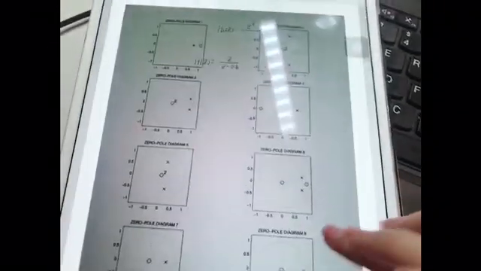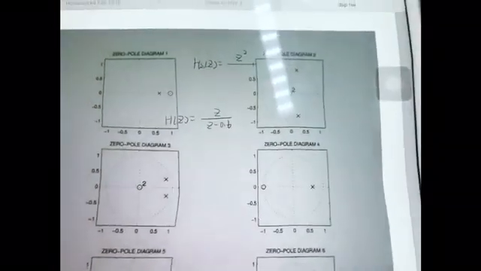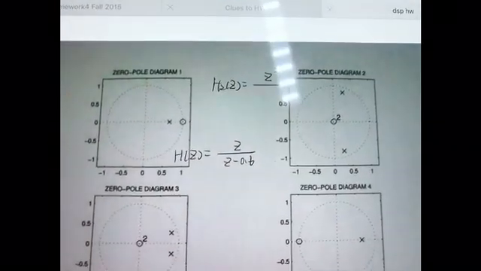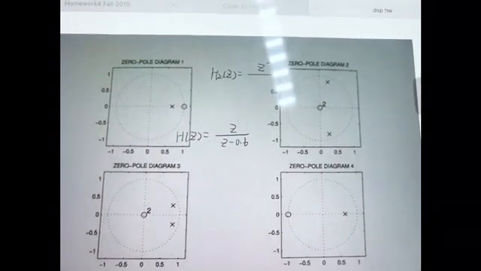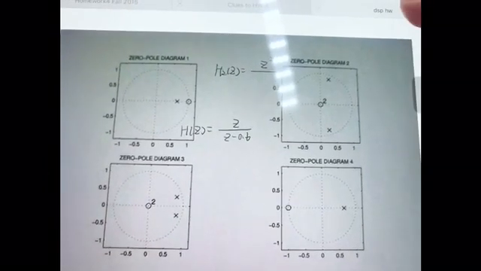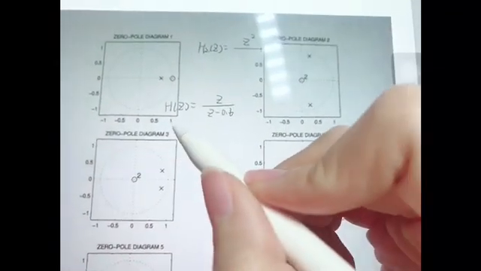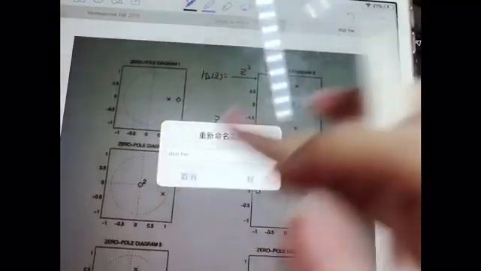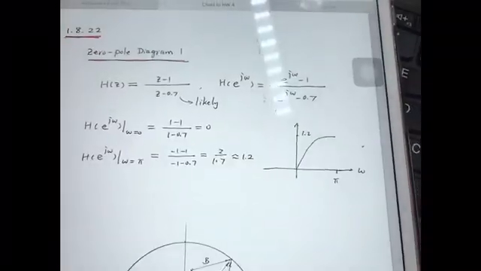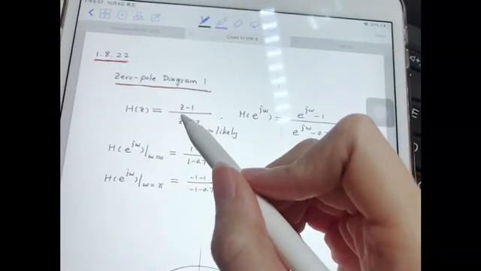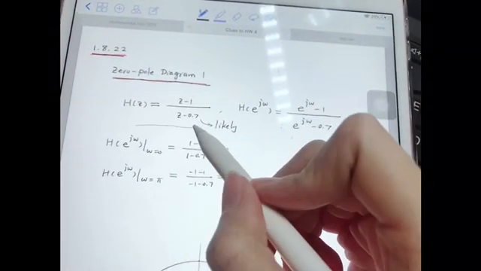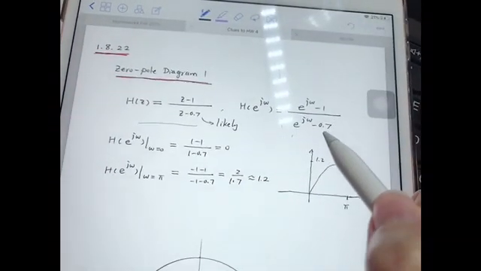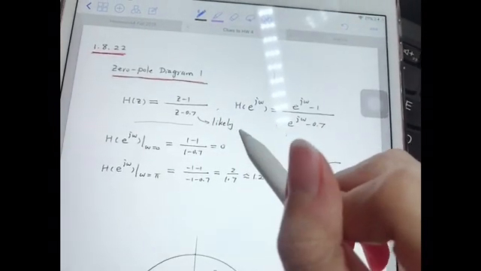Now first we have a look at the first zero-pole diagram. It can be written into a form like this, and we do the Fourier transform for this.